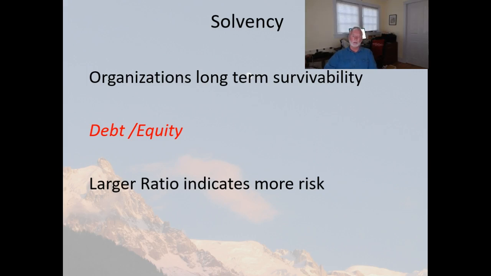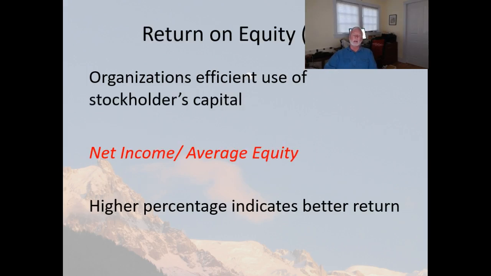So that's two. And then the third primary ratio we're going to look at here is return on equity. So how much does the company earn based on what their stockholders have invested, the amount of equity invested?